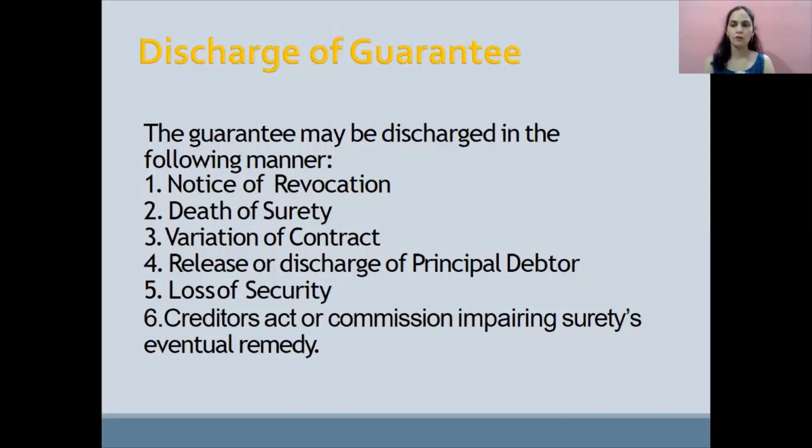Second, death of surety. In case the surety, that is the guarantor who is giving such guarantee, dies, the contract of guarantee given by the surety is automatically discharged, that is, the obligation arising from the contract has ended. Next, variation of contract.